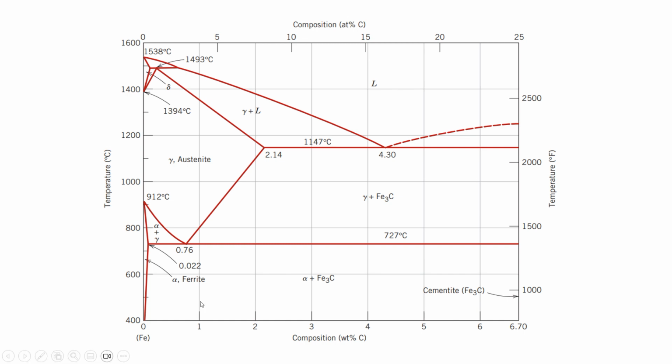For alpha, you can see the carbon content is very low, like 0.022 weight%, which is really low. So it should be appreciated that the amount of carbon that we actually require is very little. It's in the single digits of percentages, right? Okay, so this is all the theory that we need to recap, and moving on.